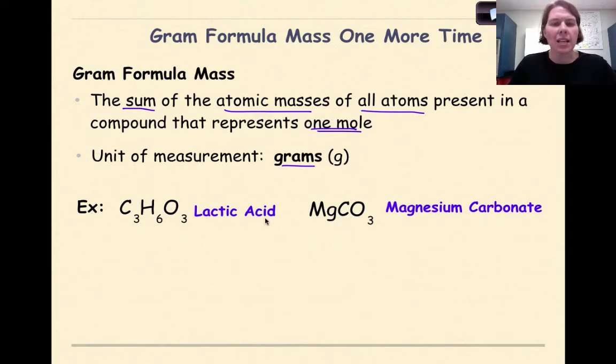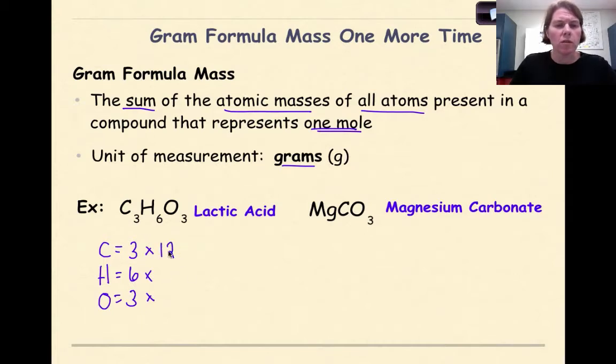I have lactic acid here, which is C3H6O3. Alright, so let's put carbon, hydrogen, and oxygen. And if we look at our subscripts here, there's 3 carbons, there's 6 hydrogens, and 3 oxygens. Then I'm going to put multiplication signs, and then I'm going to put the atomic masses for each one of these elements.